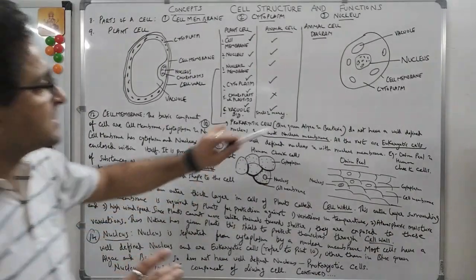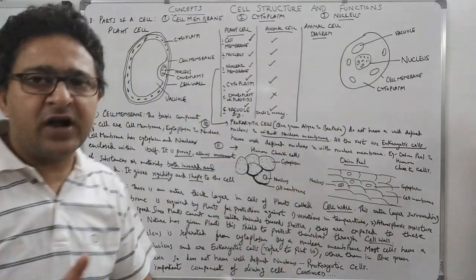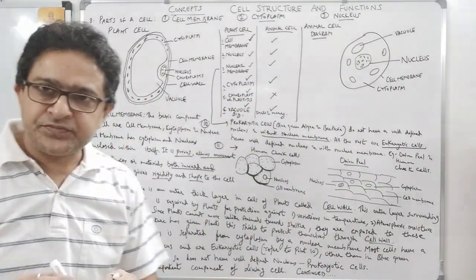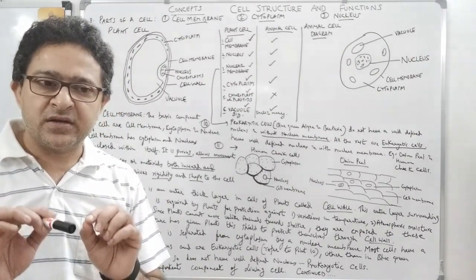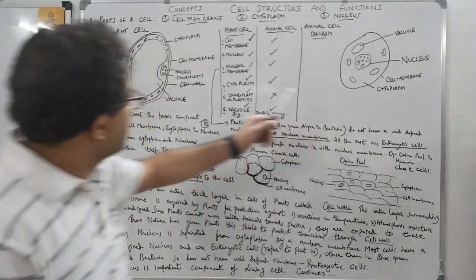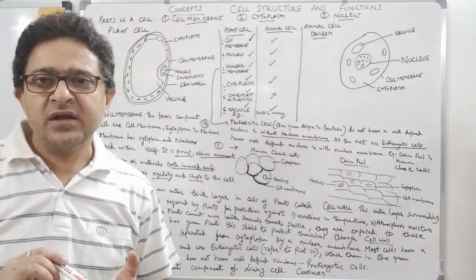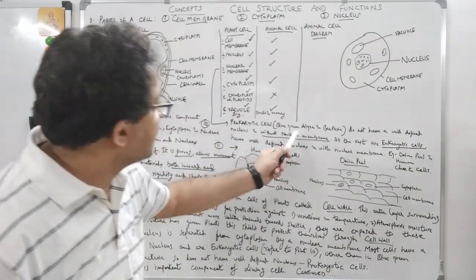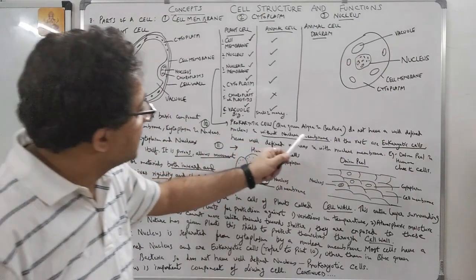So the nucleus will be somewhat moving inside the cytoplasm, without a defined structure. It will still be inside the cytoplasm, but it will not have a nuclear membrane. Remember this. Both will have a nucleus, but prokaryotic cells like blue-green algae and bacteria do not have a well-defined nucleus and nuclear membrane.